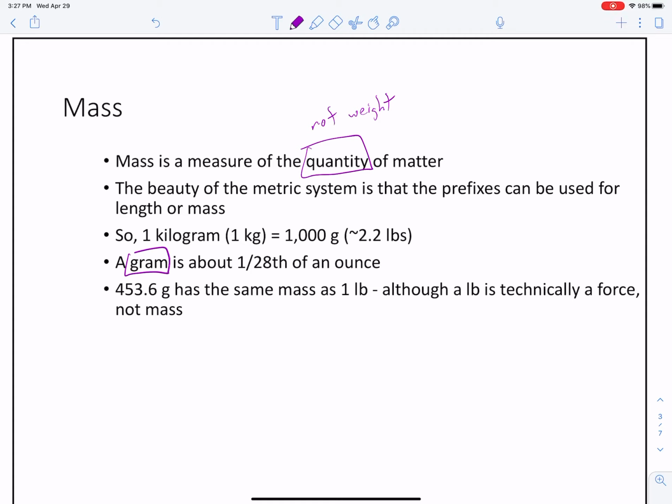So if you have 15 grams, you have half an ounce. If you have 30 grams, you have a full ounce, thereabouts. 1 kilogram is equal to 1,000 grams, and 1,000 grams is equal to 2.2 pounds. So this is kind of an interesting thing.